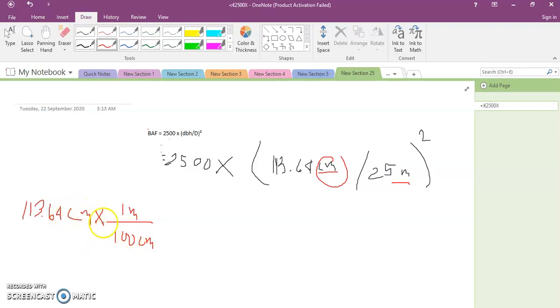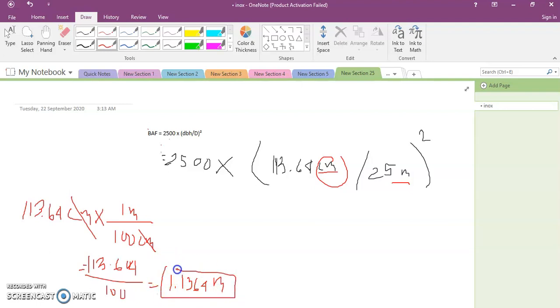So we have 113.64 over 100 is equal to 1.1364 meter. Now we have already converted, so we can now use it.